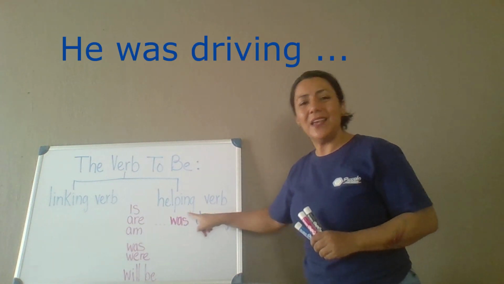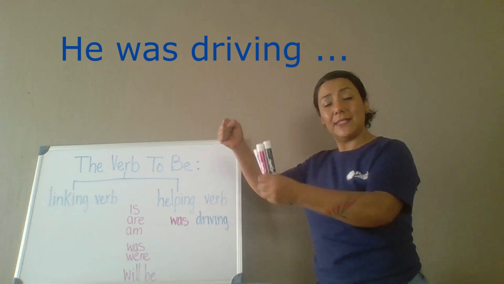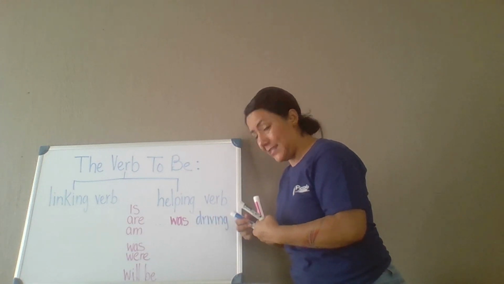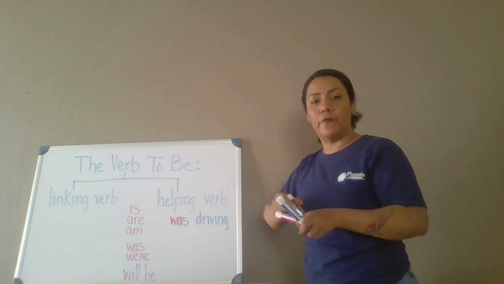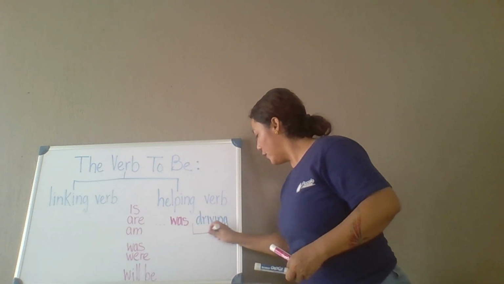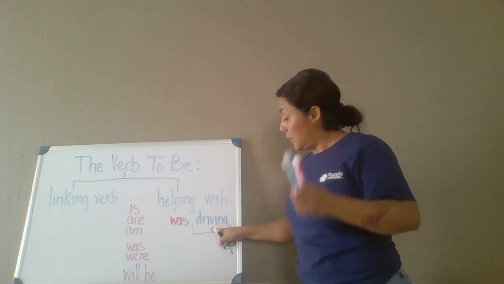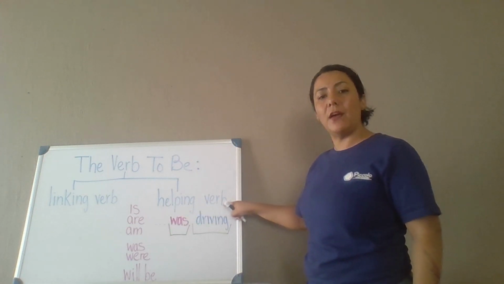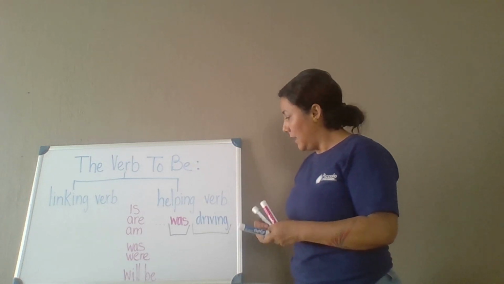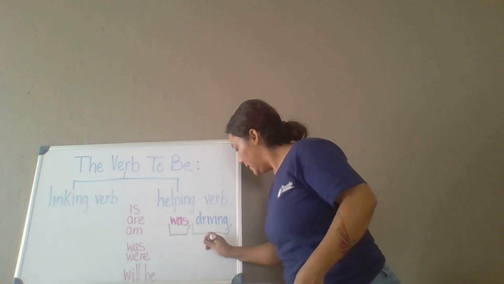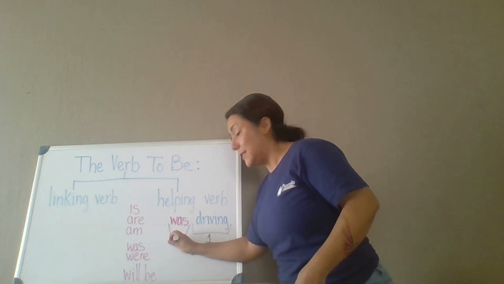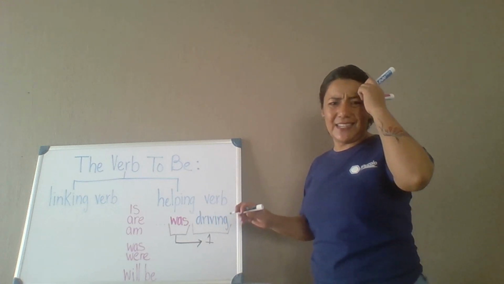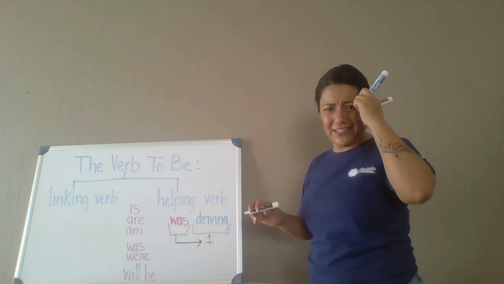He was driving. What is the action he's doing? Driving. This, my friends, is the main verb, the most important verb. So, was is a helping verb because this is one verb, was is another verb, but this is helping. So the sentence is clear and it makes sense, okay?